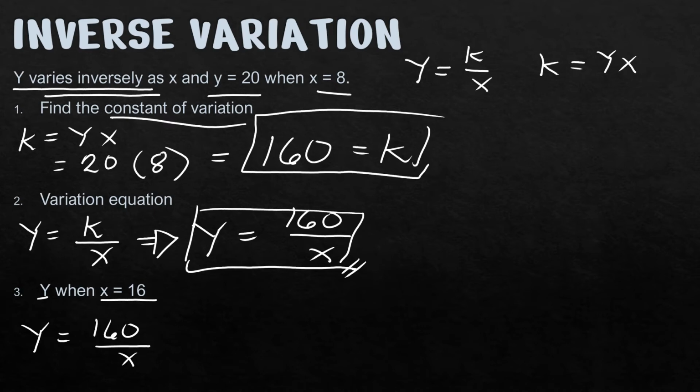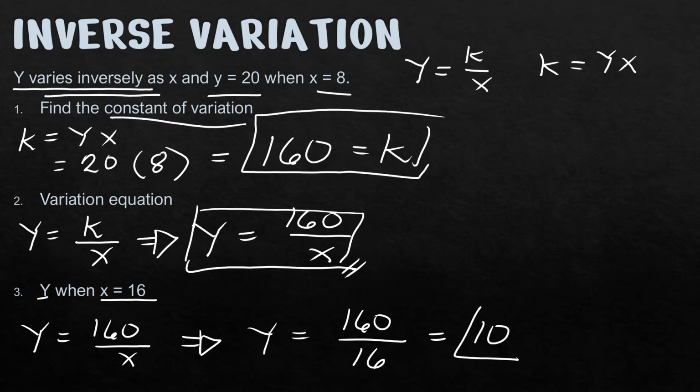So we need to find y naman. So y is equal to 160 over 16. 160 divided by 16 is 10. So y is equal to 10. Yan. That is the explanation on module on inverse variation.